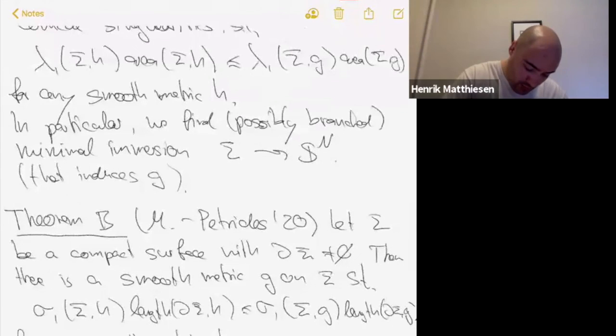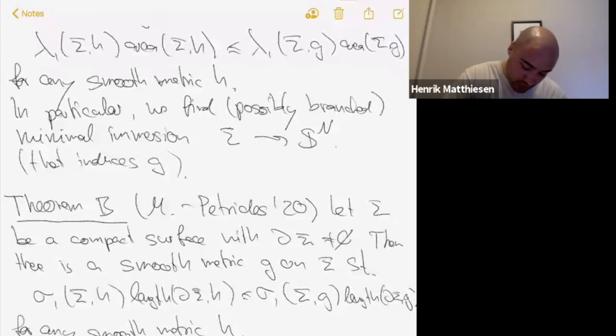So Theorem C is that: let Sigma be a compact surface with non-empty boundary, then there is a possibly branched free boundary minimal immersion from Sigma to some Euclidean ball.